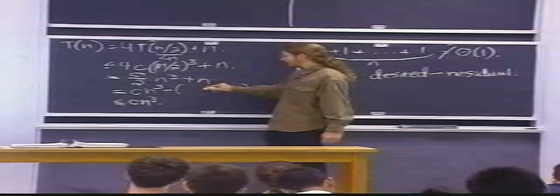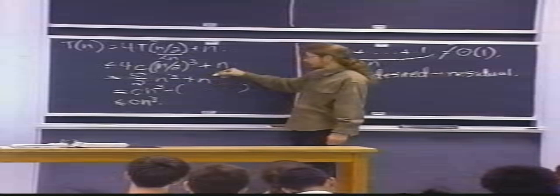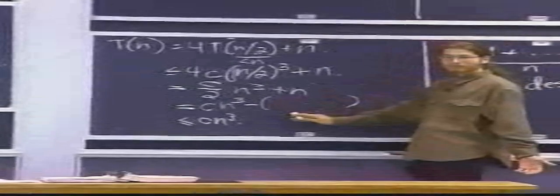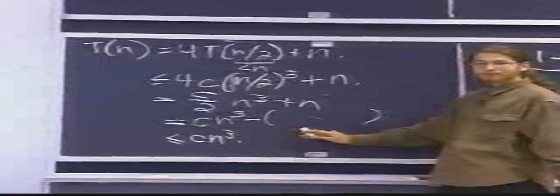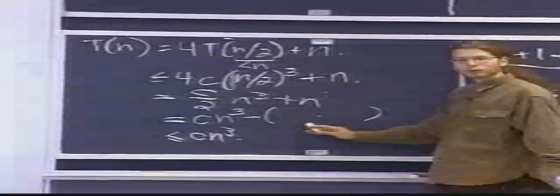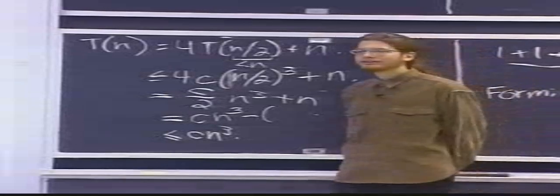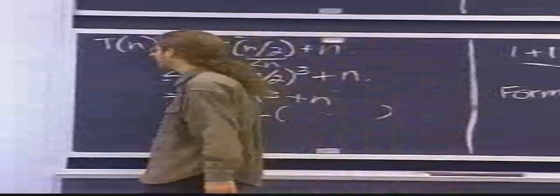If we want to make this term equal to this, we should subtract off c over 2 n cubed minus n, right.